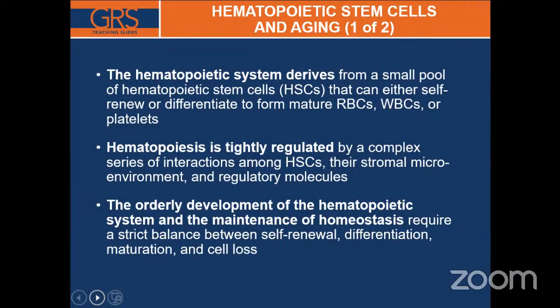Hematopoietic stem cells give rise to two major progenitor cell lines. The first one is the myeloid lineage, and this gives rise to red blood cells, platelets, and most types of white blood cells like neutrophils, eosinophils, and basophils, monocytes, and macrophages.